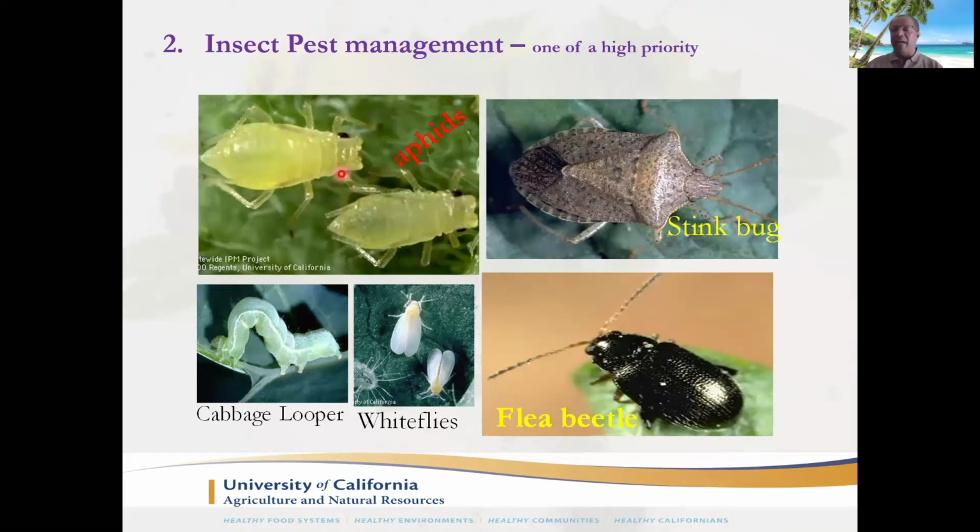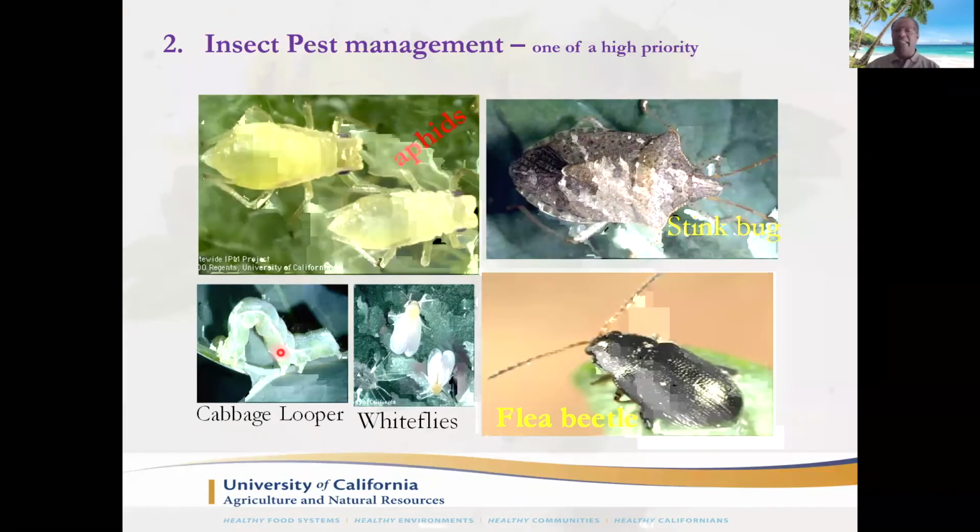They look very minor, but they feed maybe 10 times their body size, okay? And then the stink bugs, and then look at those ones, the cabbage loopers. They are called cabbage loopers because of the way they loop when they travel from one place to the other. And then whiteflies, they are gregarious. Sometimes you just see a dense mat of whiteflies.